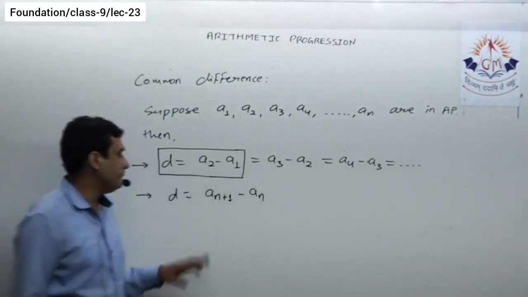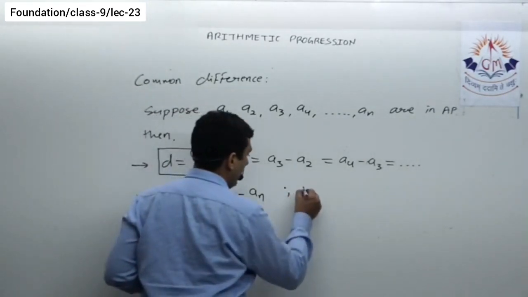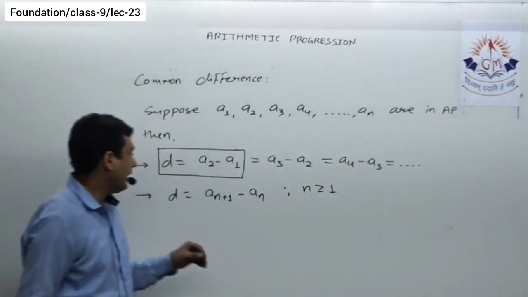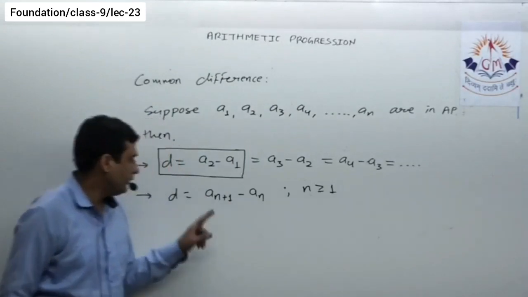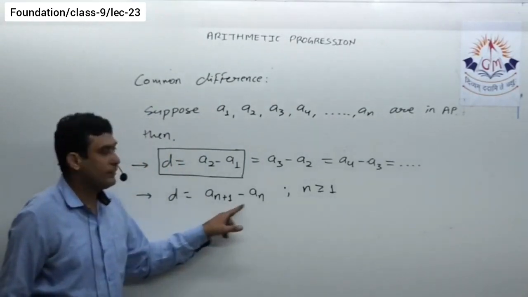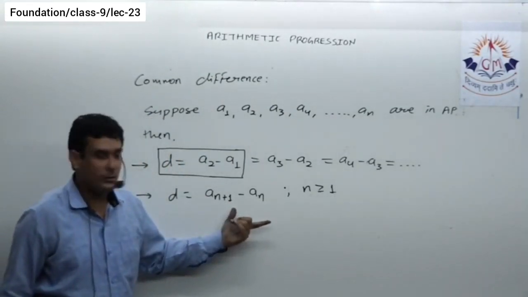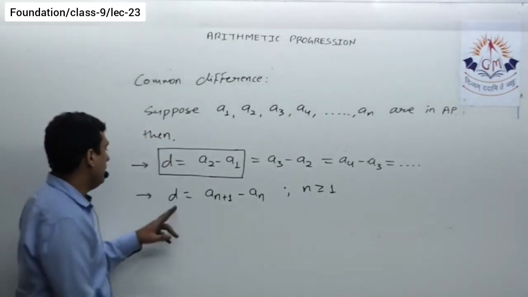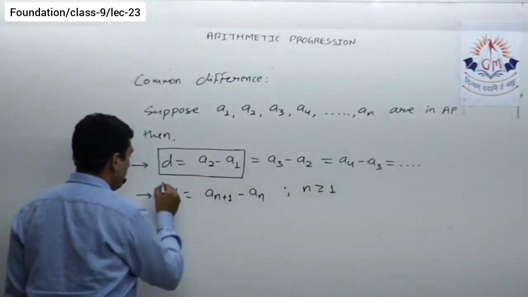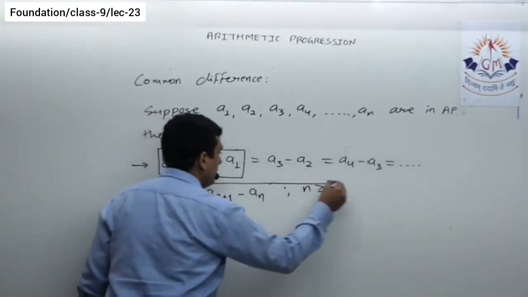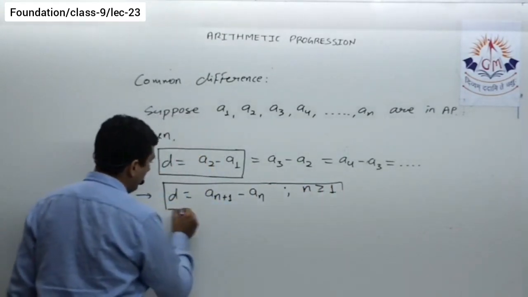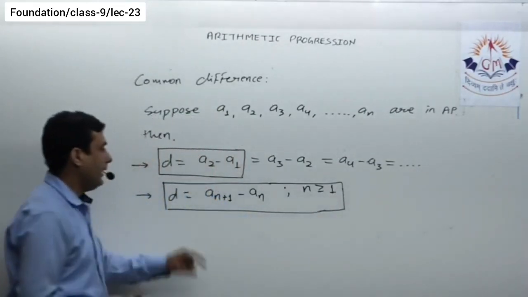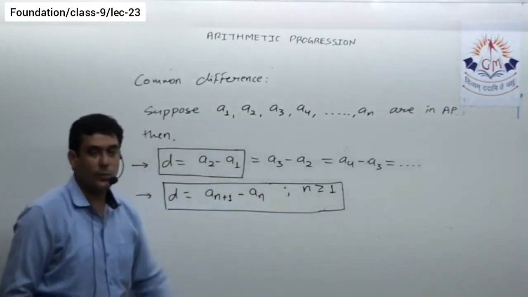Here n must be greater than or equal to 1, and I can't take n equal to 0, because the first term minus the 0th term has no meaning. So this is the second thing you have to keep in mind: the generalized formula of the common difference, A(n+1) minus An, for n greater than or equal to 1.